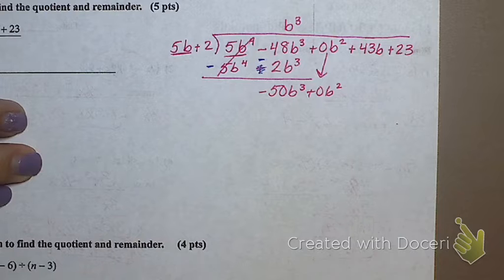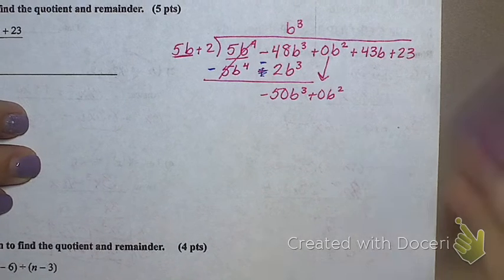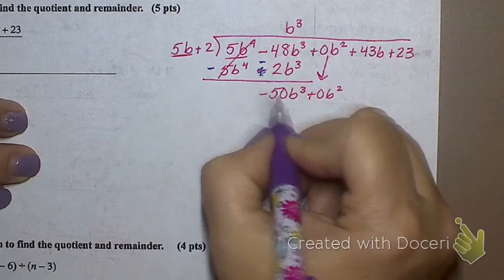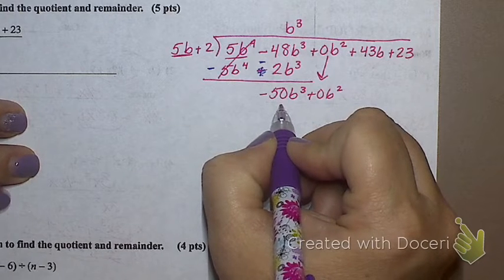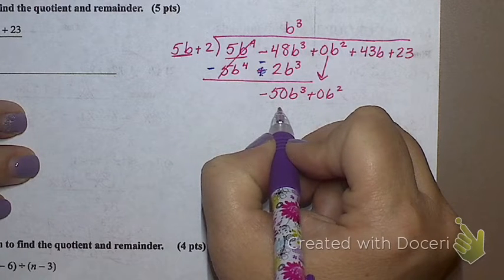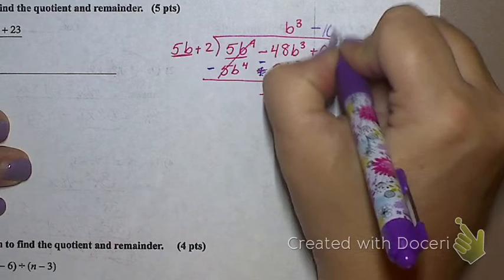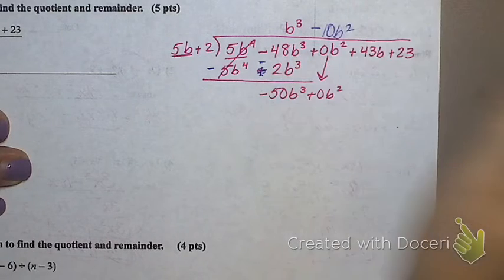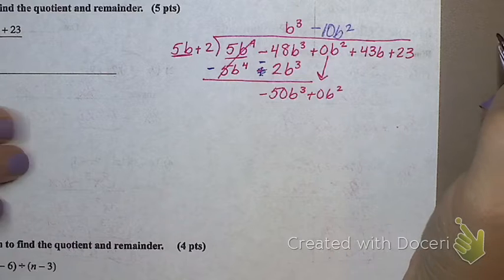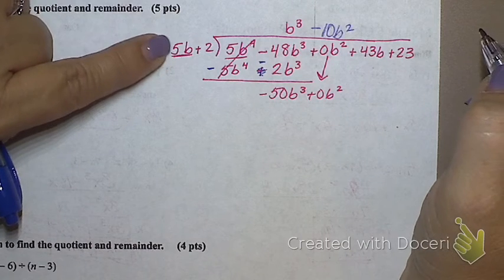Okay. Let me pick another color. All right, so now let's do cycle 2. 5b times what is negative 50b to the 3rd? Negative 10b squared. Now what do I do with that negative 10b squared? Distribute it through here.